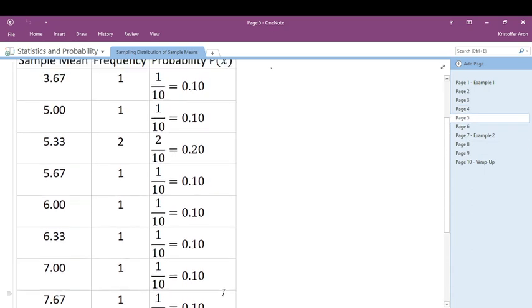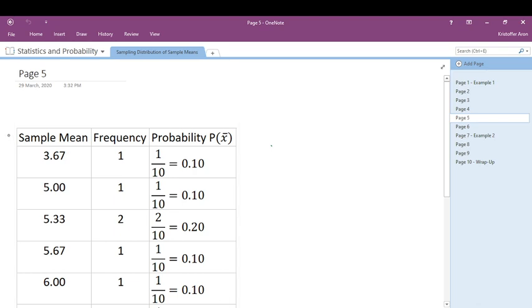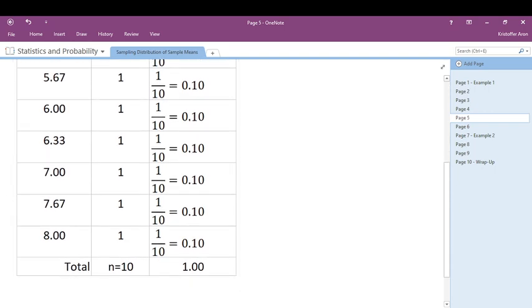And here it is. So let's have a recap. We list down the sample means and write their frequency. After that, we write the corresponding probability values and make sure that the total is equal to 1. That's how we complete a sampling distribution of sample means, specifically for this example with a population of 5 and a sample size of 3.